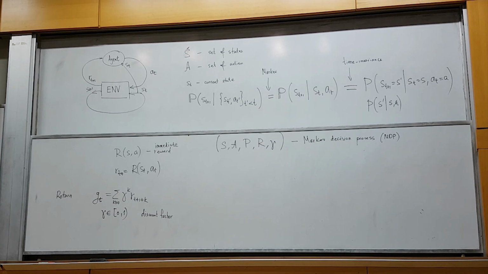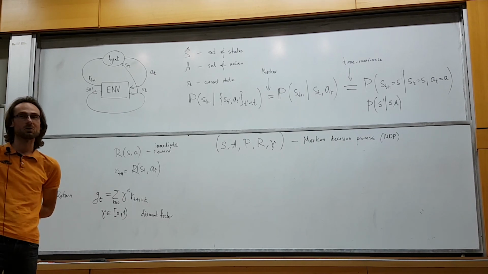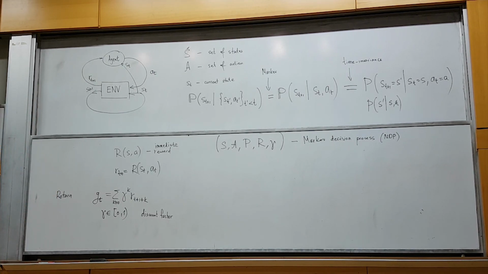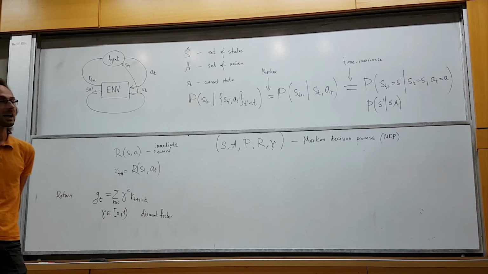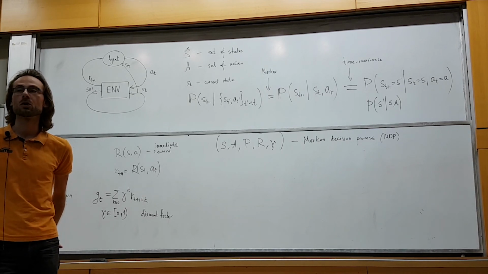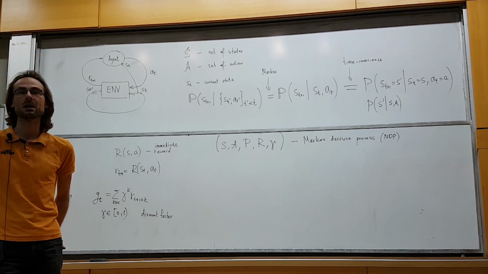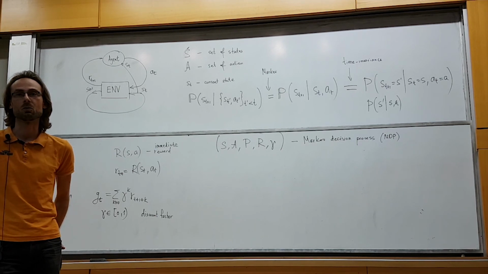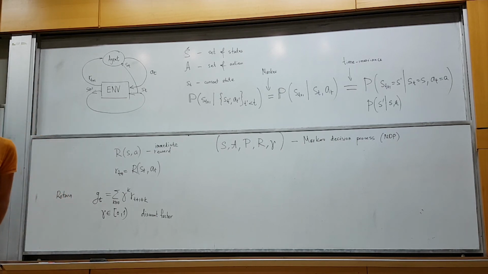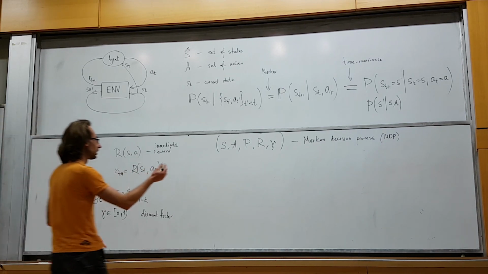An infinitely long game that doesn't give you some reward when you win or when you lose is not really easy to learn from. So you would like to define some states that we will call terminal states. A terminal state means that the game is over. Either you're dead or you won or something else happened. But basically some states will be terminal. And then we have what is called an episode.